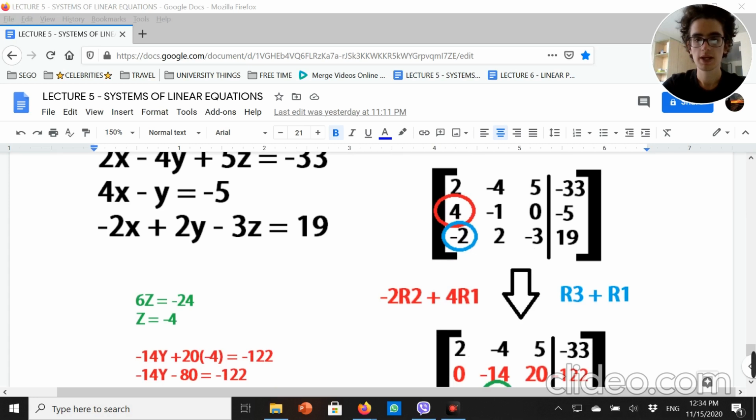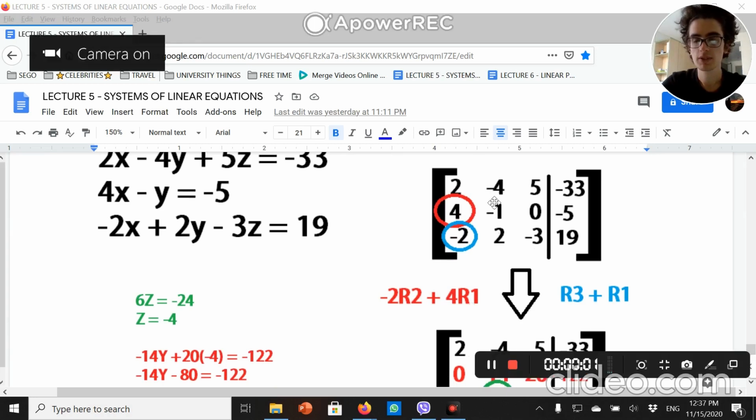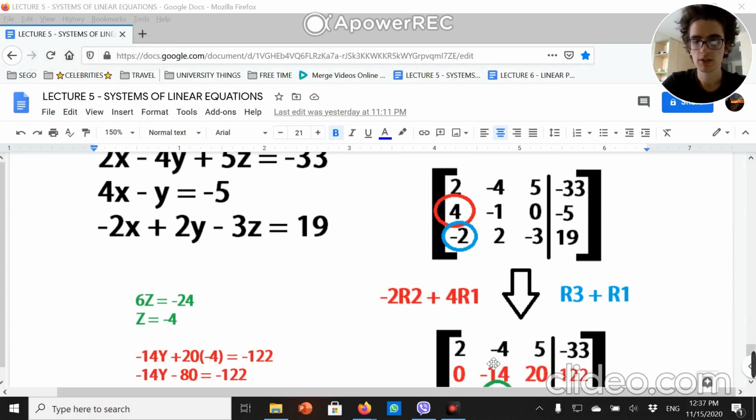Negative 8 plus 8 would give us 0. 2 plus 4 times negative 4 is 16, so 2 minus 16 would give us negative 14. Negative 2 times 0 will be 0, plus 4 times 5, 20, would give us 20. Negative 2 times negative 5 would be 10, plus 4 times negative 33 would give us negative 122. Okay, good. Now we have our 0 here, which is what we wanted.